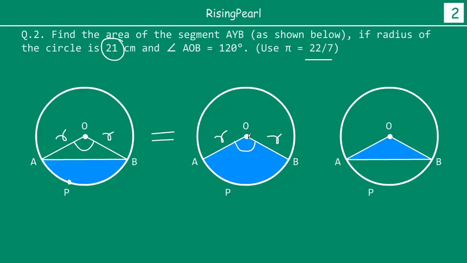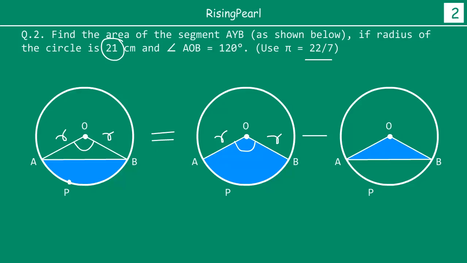So area of a segment is equal to area of the sector minus the area of the triangle.